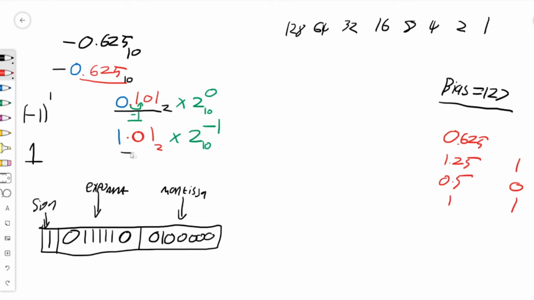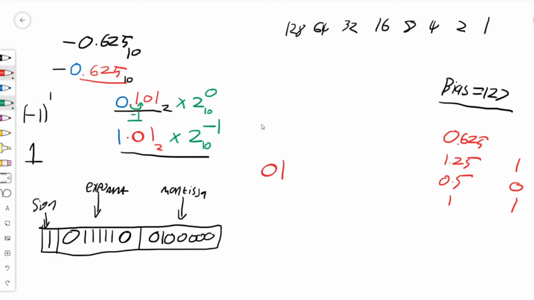We now have one final step left to complete to get to our final number. The first thing we need to do is work out our mantissa. Our mantissa is simply everything in the red section here, to the right of our decimal point in the original number. That would be 0, 1. The next step is to work out our exponent.